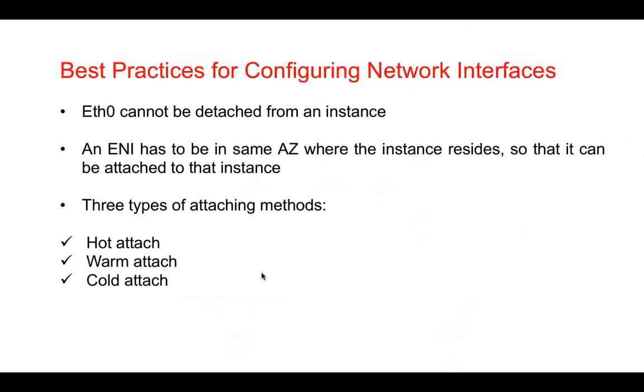The purpose of both the elastic IP and the public IP is to make your instance accessible from the internet. But their nature, their behavior is completely different. So if you have two private IPs, one is associated with the public IP, the second one with the elastic IP. You can say that elastic IP is also a public IP itself.